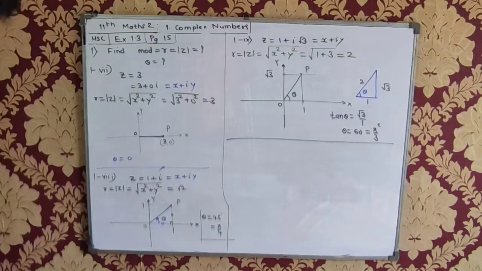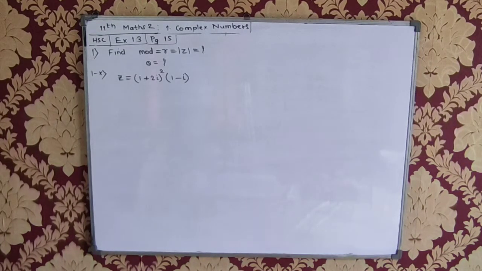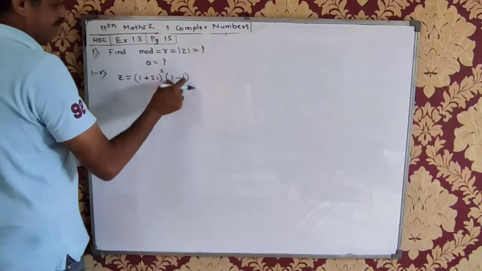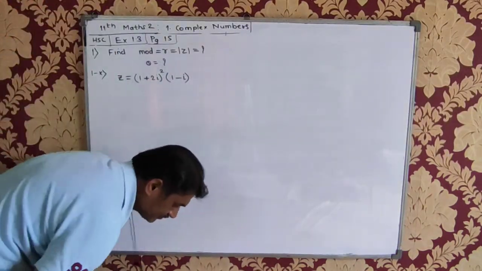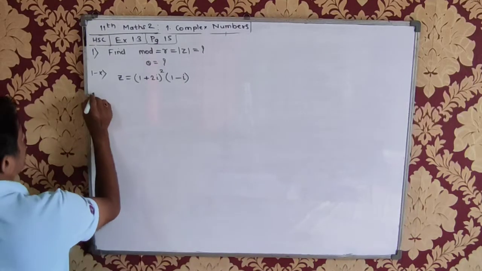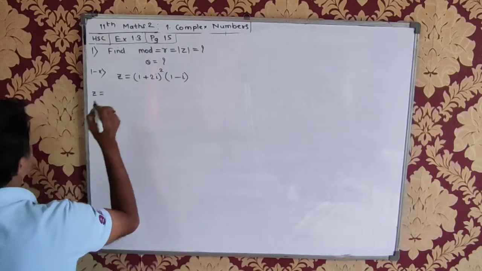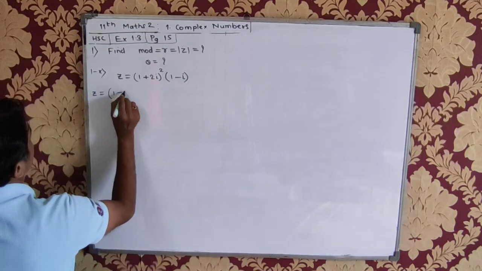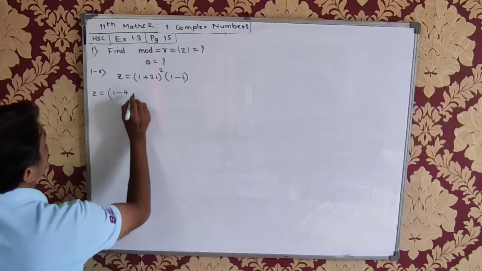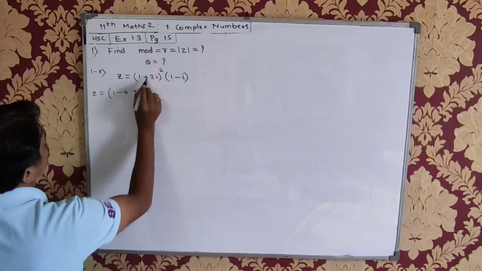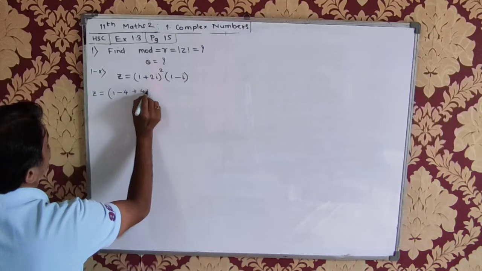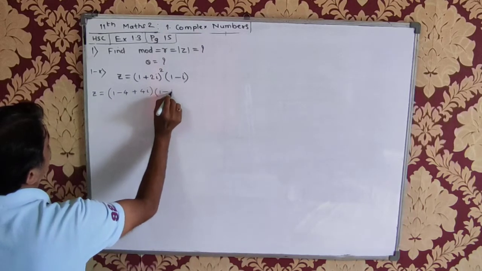Next. So you can take the screenshot first. Answer it now. Question number 1, subpart 10. First we'll square this, then we'll multiply. Z is equal to 1 minus 4 plus 2 times 2i, which is 4i, and this is 1 minus i.